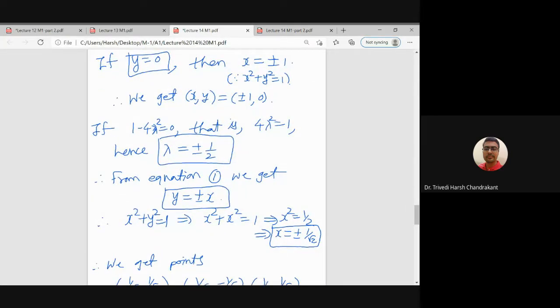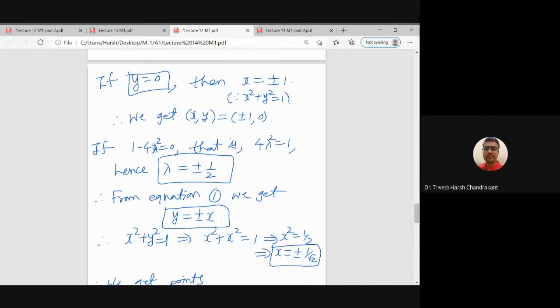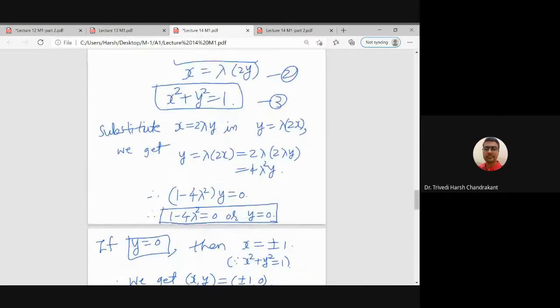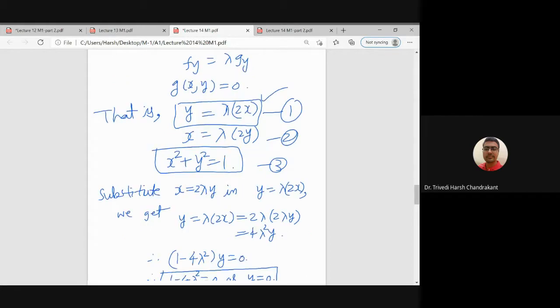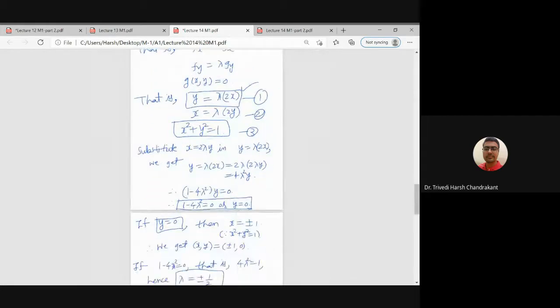So we just substituted lambda equal to plus or minus half in the first equation. The first equation was y equals lambda times 2x. If we substitute lambda equals plus or minus half, then half and 2 will cancel out. So we get y equals plus or minus x. So that we have substituted y equals plus or minus x.